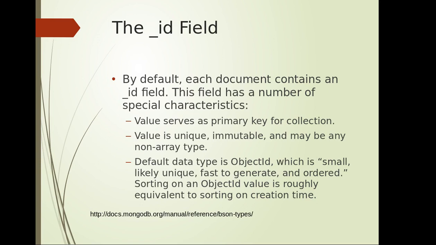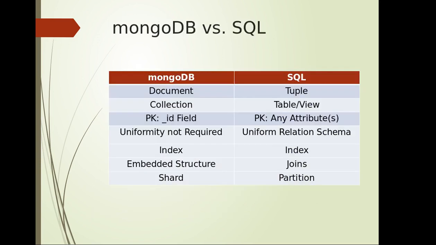The default data type is ObjectId, so the data type for this underscore ID is ObjectId. If you don't want to create any such primary key, then MongoDB will have a default ID and it will increment automatically, generating a unique key.